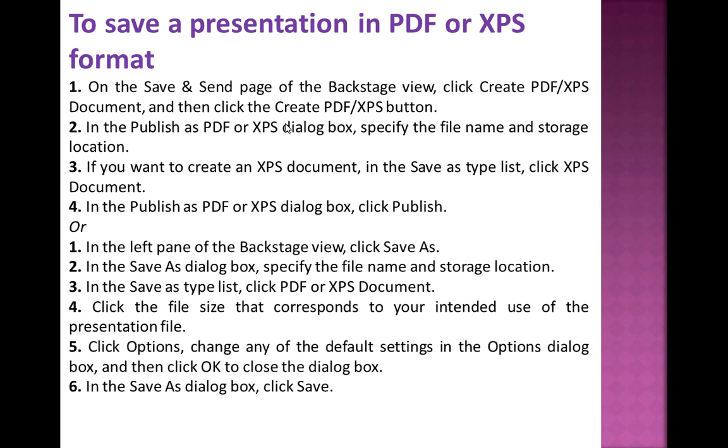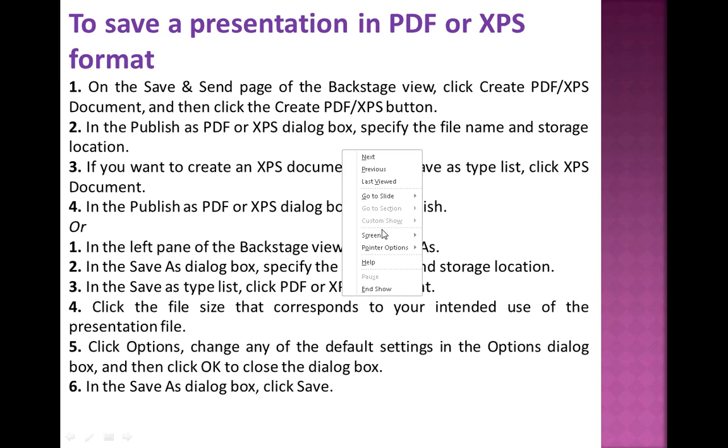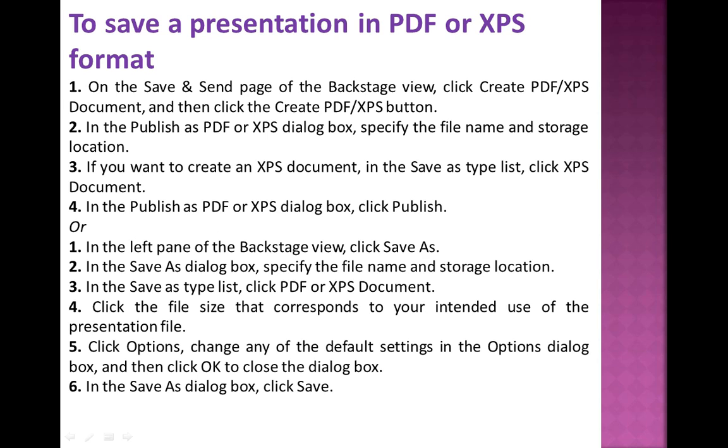Next is how to save a presentation in PDF or XPS format. This is one of the important topics. Let's take a highlighter. The first point says, on the Save and Send page of the backstage view, click Create PDF Document and then click the Create PDF button. It means first of all go to the Save and Send page, then click on Create PDF Document and then click on the Create PDF button.